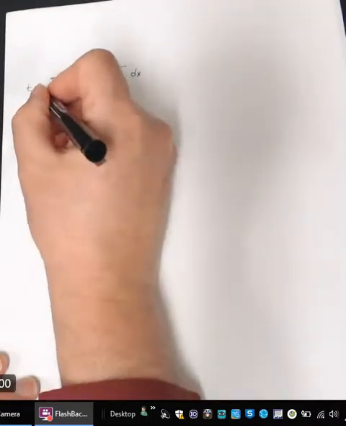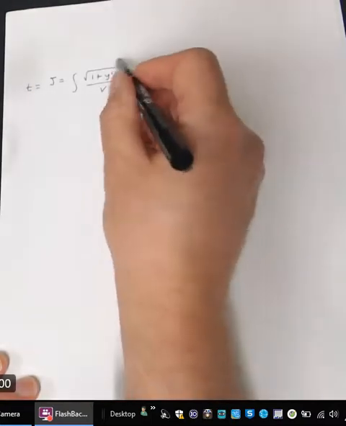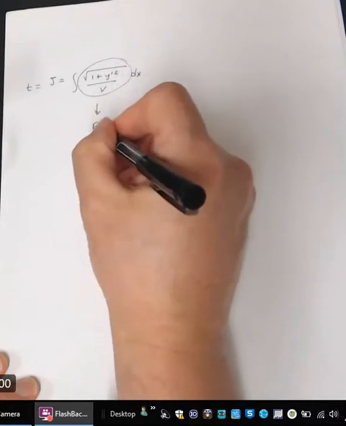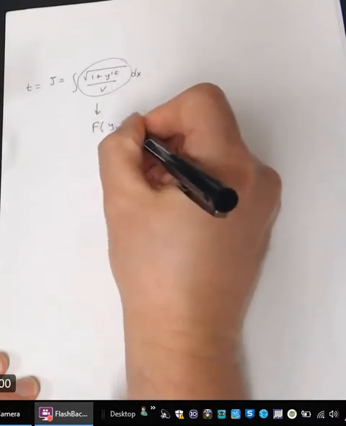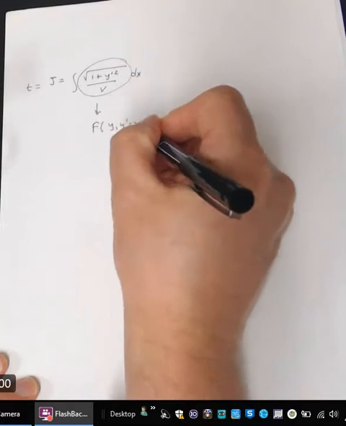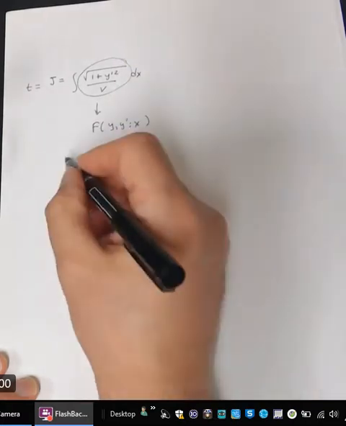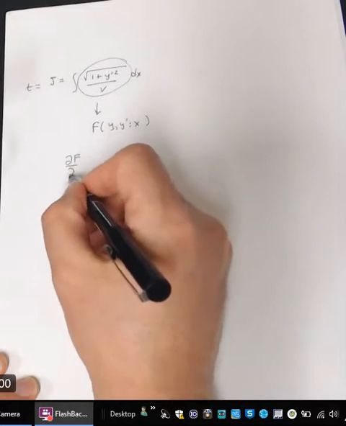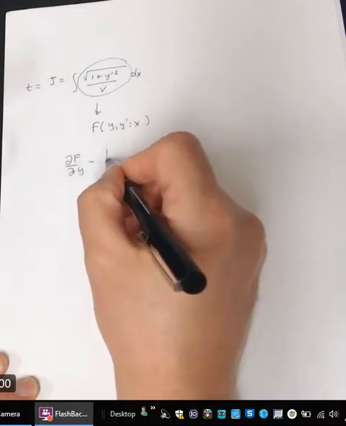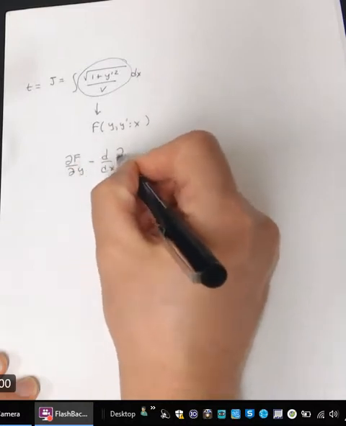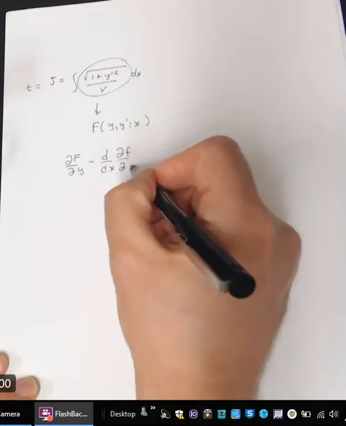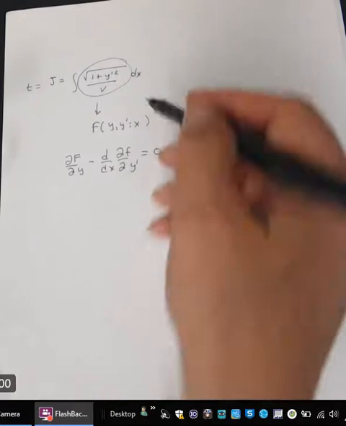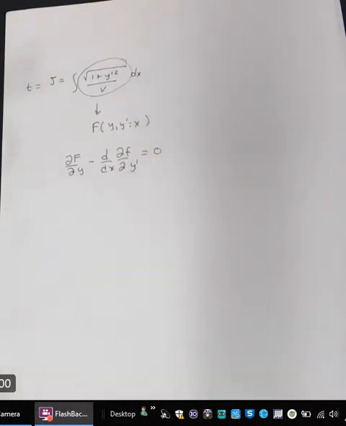This is our time. And we realize that this is the functional. This is f. It depends on y prime. Okay. So Euler's equation is partial of f with respect to y minus d dx partial f with respect to y prime equals 0, where this is f here.